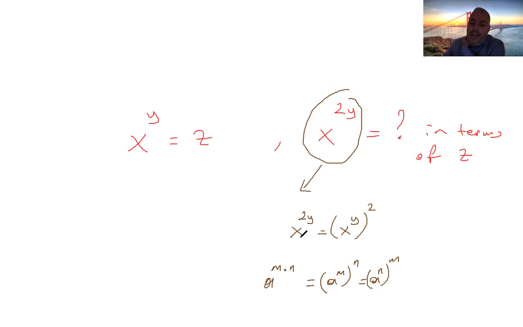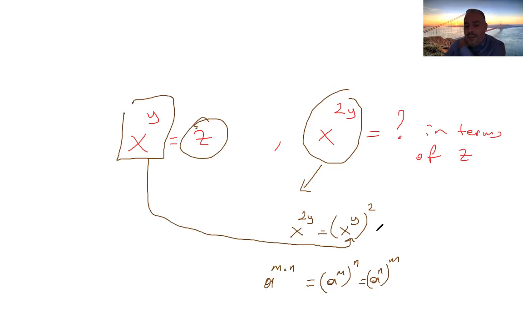So x to 2y means (x to the y) to the power of 2. And what is x to the y? x to the y is z. So the result is z squared. Finished. That's it. Is the idea clear? Did you get it? Yes. Sure? Okay.